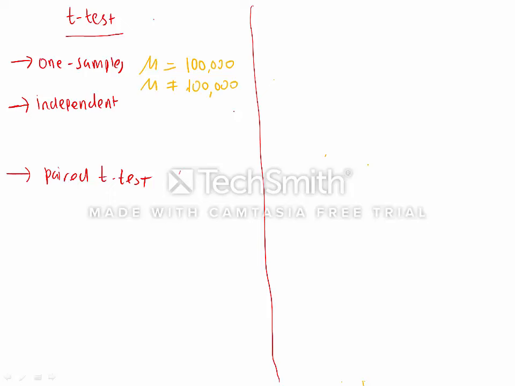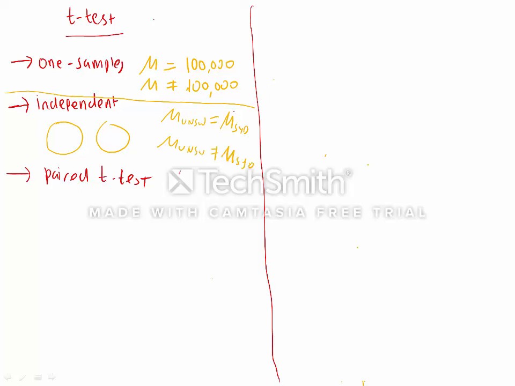Now, the second case, independent, is pretty straightforward as well. It's more on the differences between two groups. So for example, we say that the mu of UNSW income is equal to Sydney Uni, and of course the mu of UNSW is not equal to Sydney Uni.